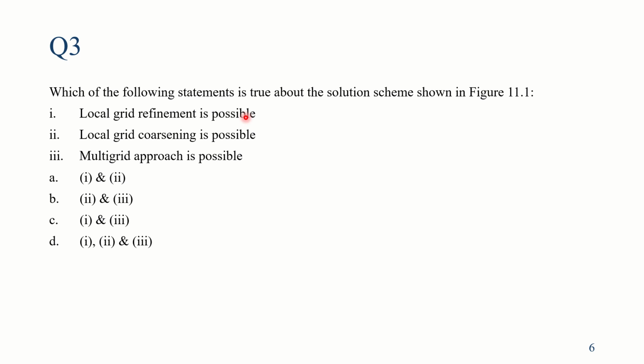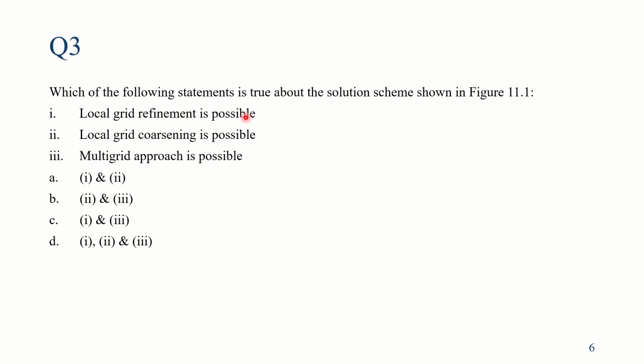And the multi-grid approach is nothing but using a series of grids to get the solution by reducing the errors. So all three are possible for our current system. What is our current system? It is a semicircle. In that semicircle grid, we have applied a Neumann boundary condition and a Dirichlet boundary condition along the diagonal and the semicircular walls, or vice versa.